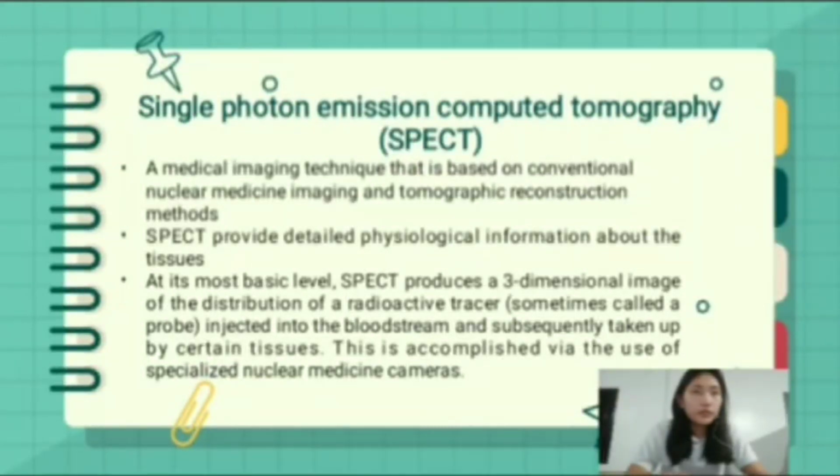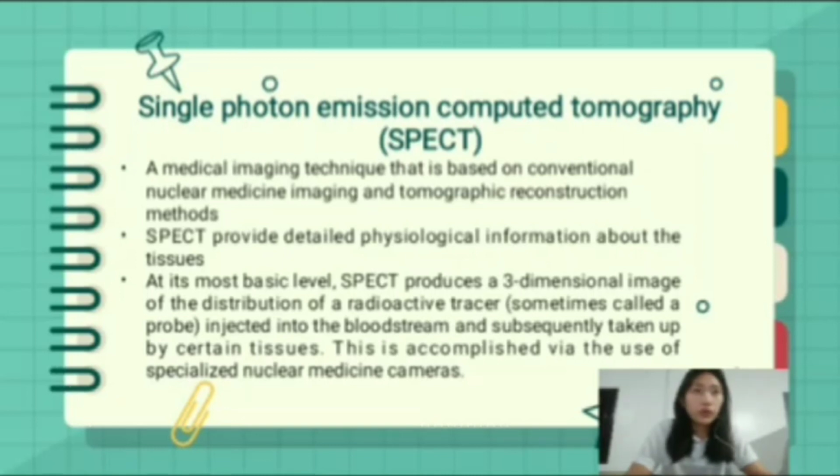Single photon emission computed tomography, also known as SPECT, is a medical imaging technique that is based on conventional nuclear medicine imaging and tomographic reconstruction methods. A SPECT scan provides detailed physiological information about the tissues. SPECT differs from other medical imaging modalities.